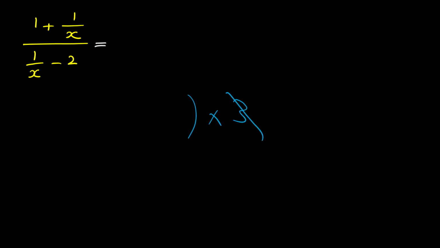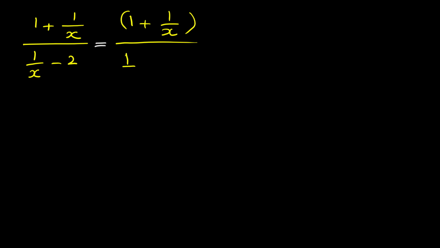But we know that we cannot simply multiply by something because it makes no sense. But attention, here we can use a trick. We write the numerator and we write the denominator. We multiply at the same time the numerator and denominator by x.